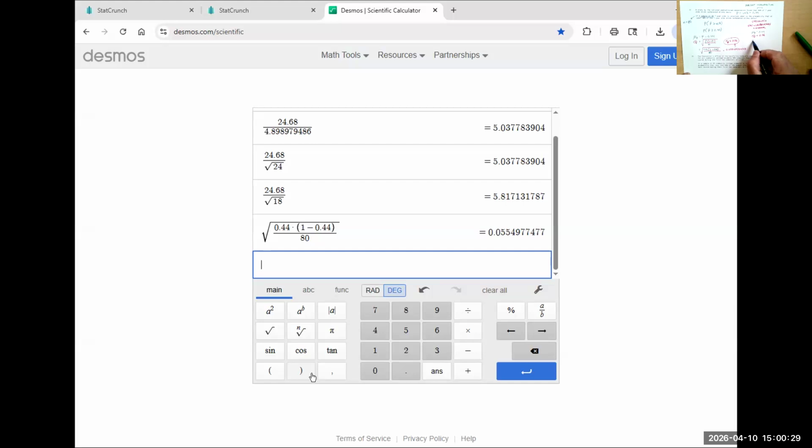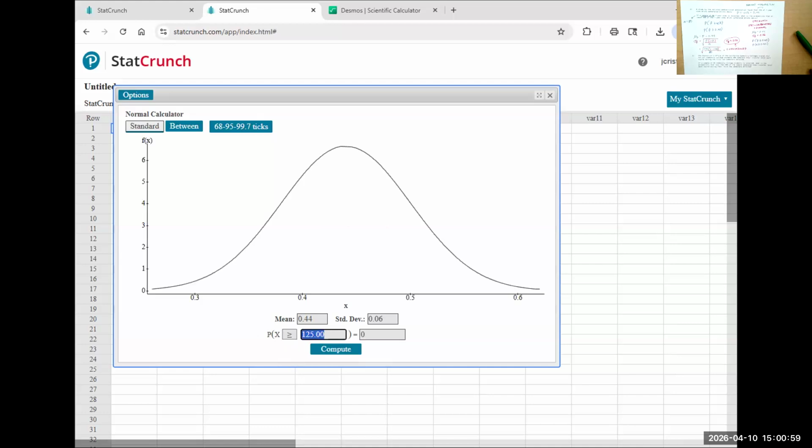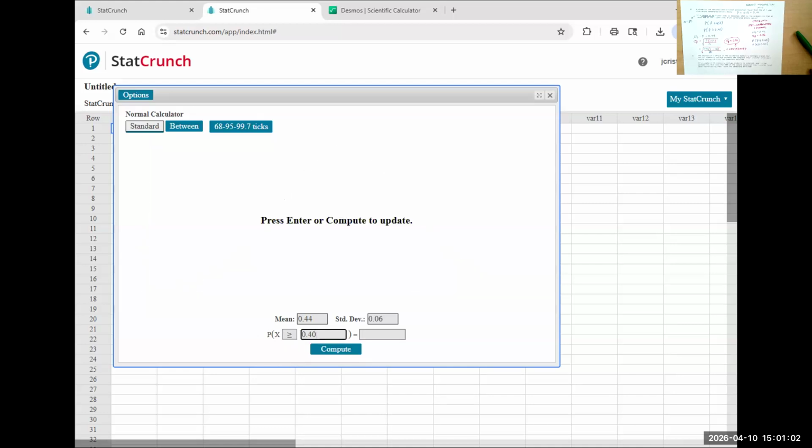Now we're looking for this probability. It's going to say x, right? We're talking about the sample proportion. We want it to be greater than or equal to 0.40, right? So this is the same thing, X greater than or equal to 0.40, just so you see on the screen. So now we start to put that in. Our mean, 0.44. Standard deviation, 0.06, that rounded value. We want to be greater than 0.40.